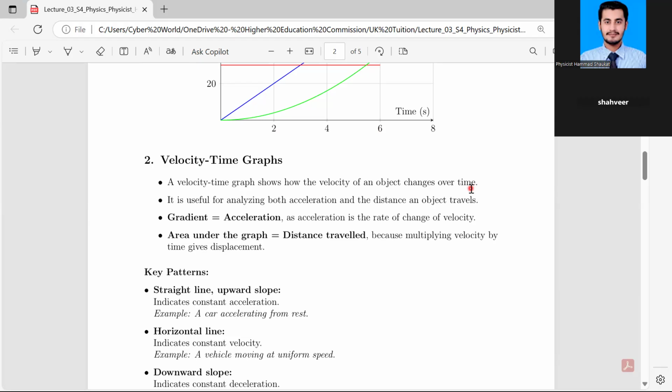So if velocity changes with respect to time, we illustrate it by using velocity time graphs. Velocity time graphs are useful for analyzing both acceleration and the distance of an object.